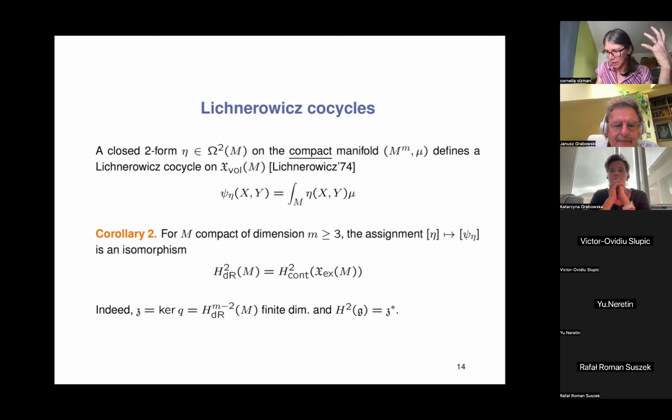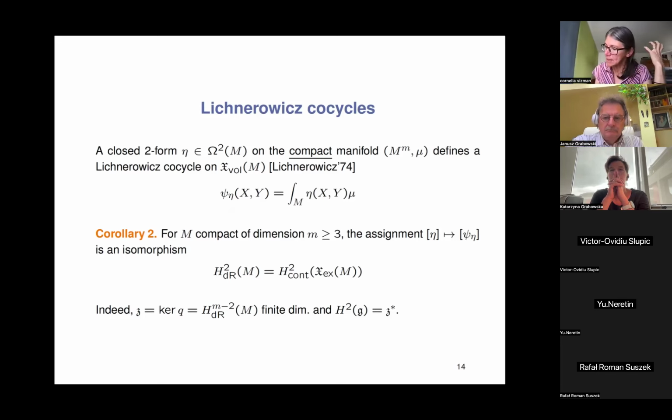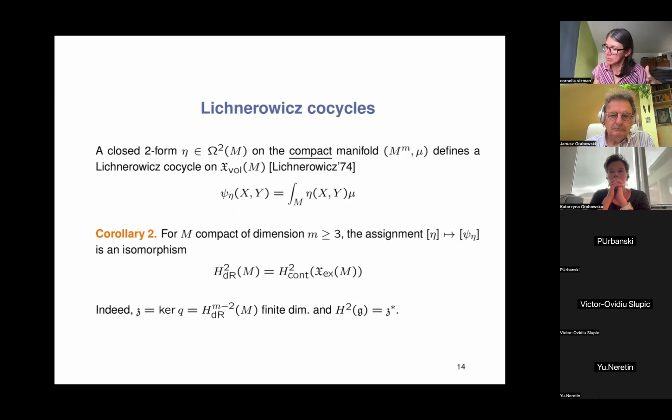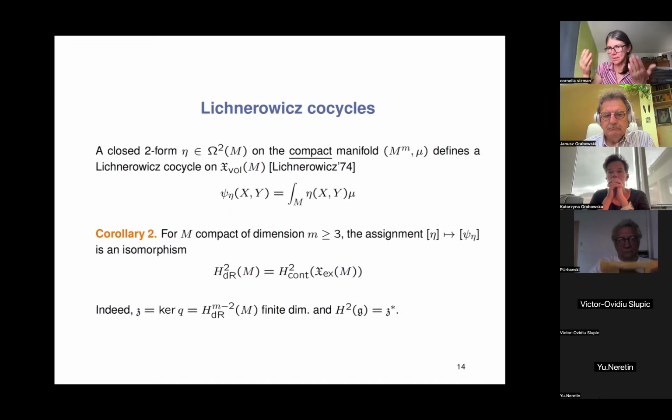First we use Peetre's theorem, and then we use this Poincaré lemma for differential operators, and then there is an induction on the degree of homogeneity. We use the fact that K-homogeneous vector fields bracket with L-homogeneous vector fields are vector fields of homogeneity K plus L minus 1.